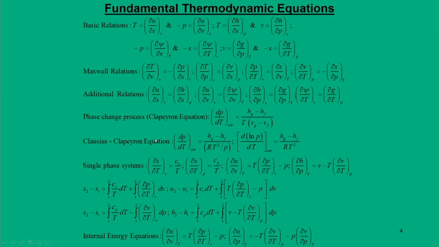Before I start, regarding the fundamental thermodynamic equations we have learned so far, there are 16 thermodynamic relations, basic relations, Maxwell relations, and we used them for phase change processes, single phase systems, internal energy equations. In fact, some of these equations will be useful for the definition of Joule-Thomson coefficients. These are very vital relations we are going to use as and when we recall them for any kind of practical applications.